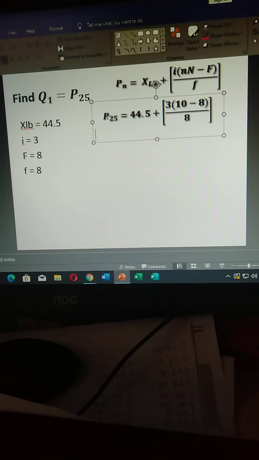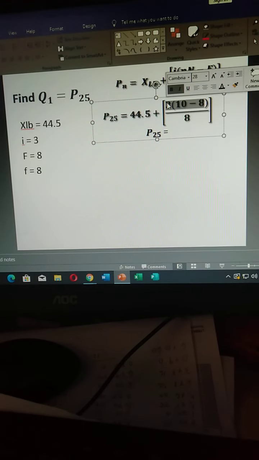Okay, so P25. P25 is equal to what? Try natin to solve. 10 minus 8 is 2. And then, multiplied by 3. 6.